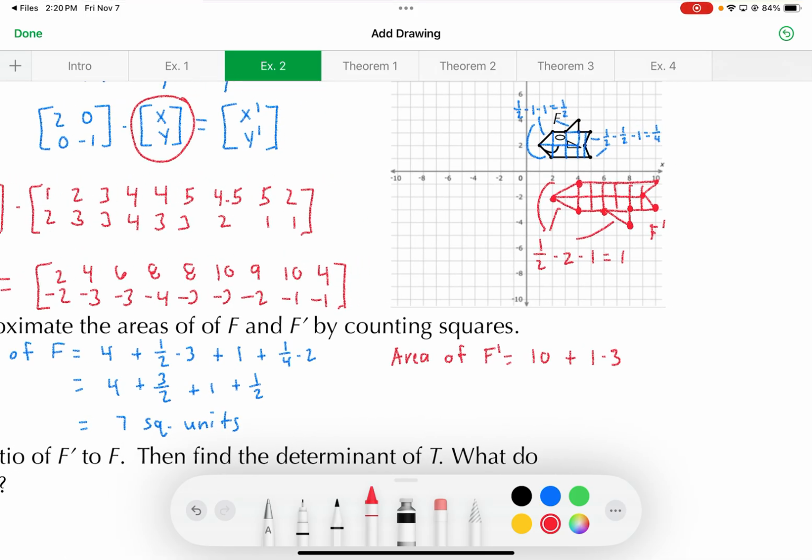Okay, and then the only thing left to find are the 2 triangles at the end here. They're both 1/2 times 1 times 1, or 1/2. I've got 2 of those. So this is going to give me 10 plus 3 plus 1, or 14 square units.